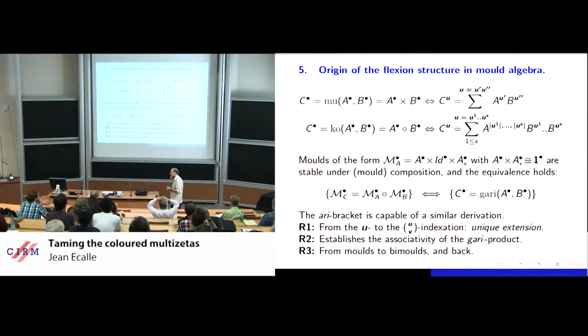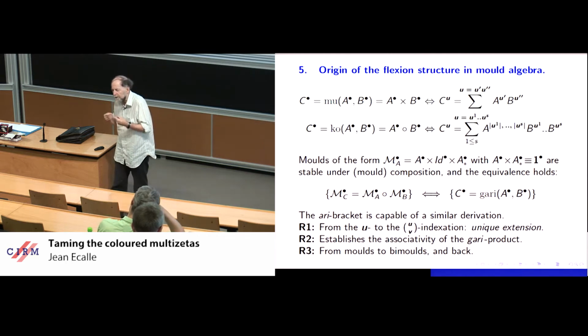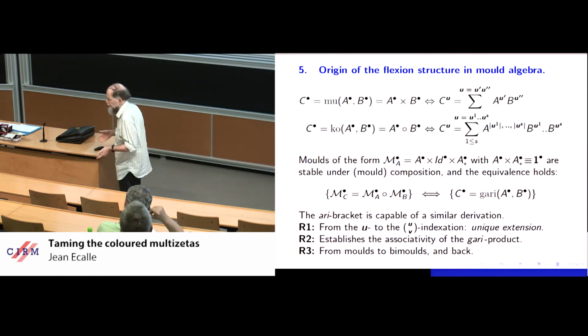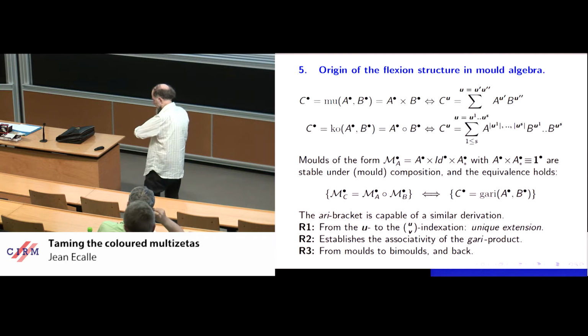If you combine them in a suitable way, you can recover the ARI-GARI structure, at least for the U's. But once you know the flexion operations for the U's or for the V's, you can automatically, in a unique way, complete it for the W's, for the double indexation. And there is more than that, actually.